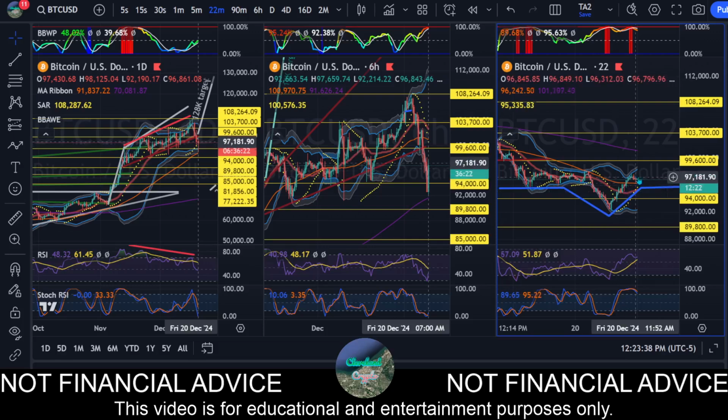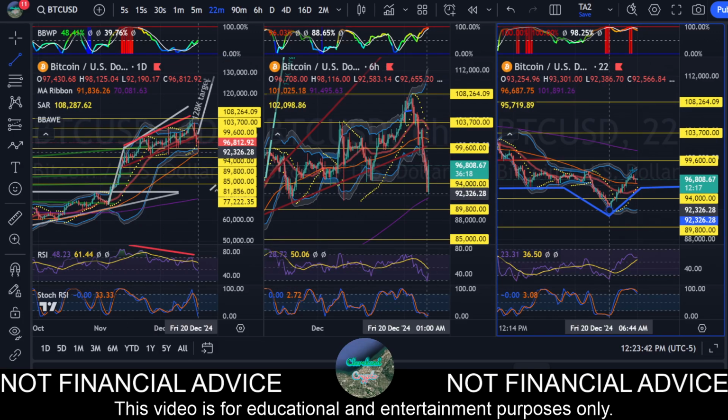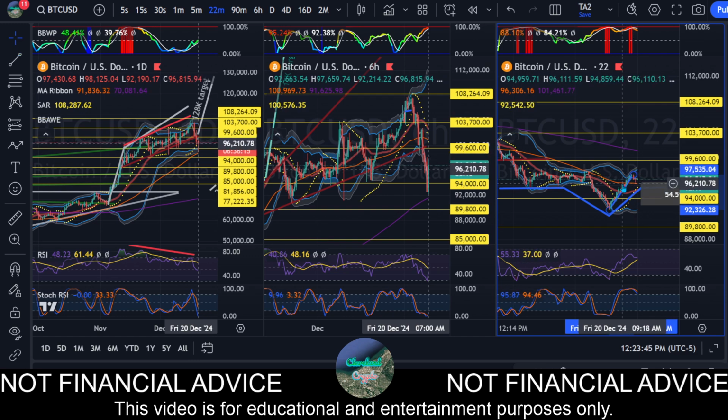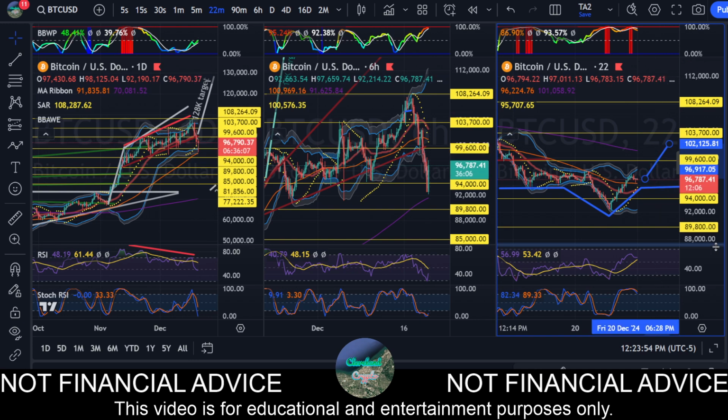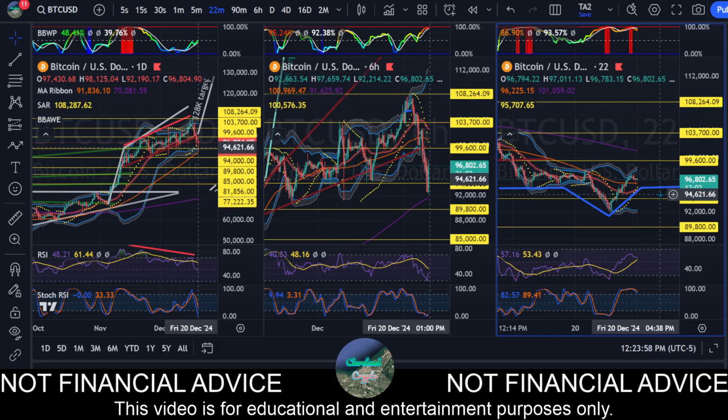We're seeing a little bull flag here as well on the 22-minute chart with a measured move up to about 102, 125 as well. It's within the pattern of the inverted head and shoulders. That would bring it up over its 200.